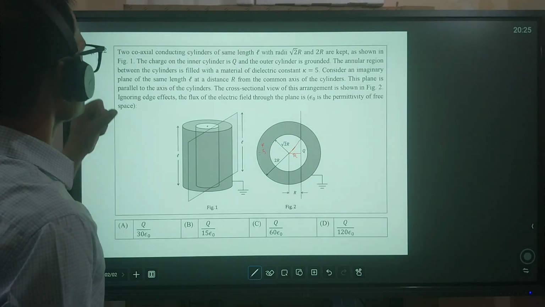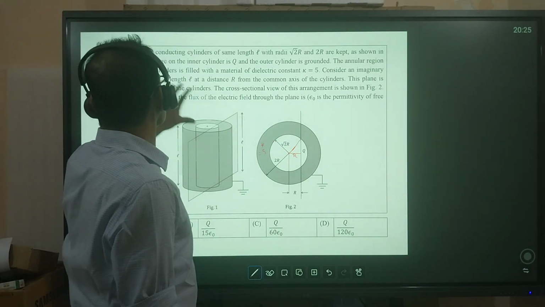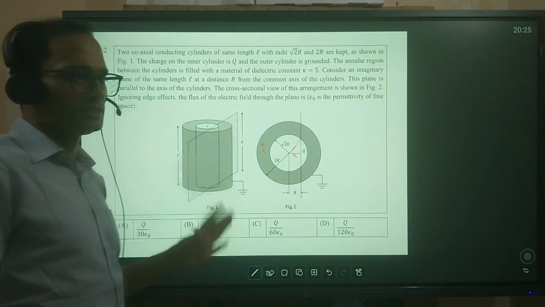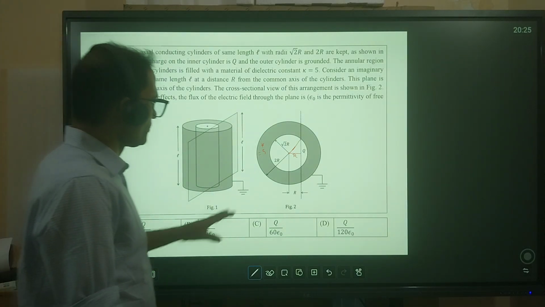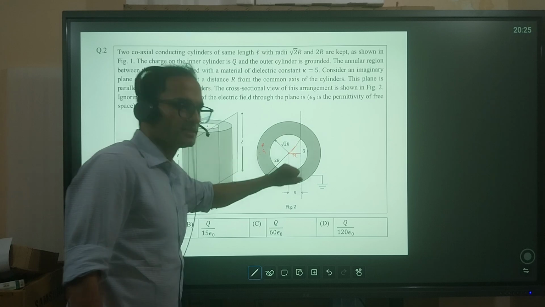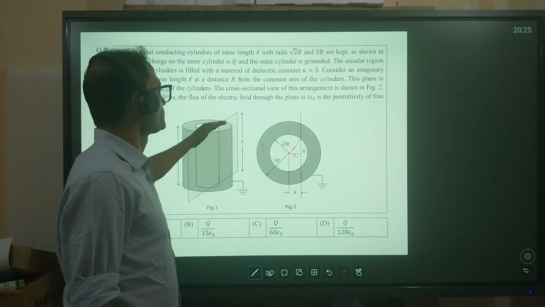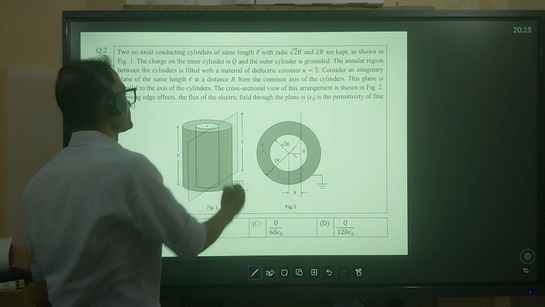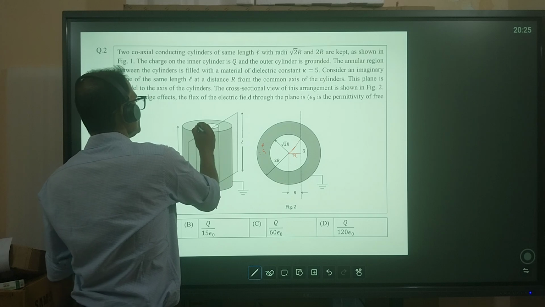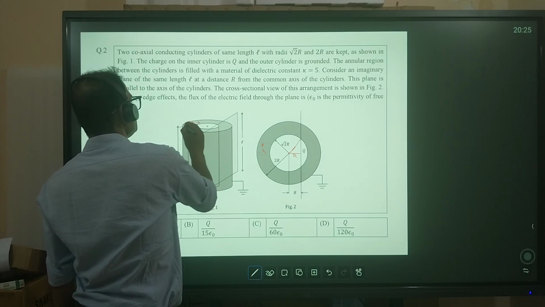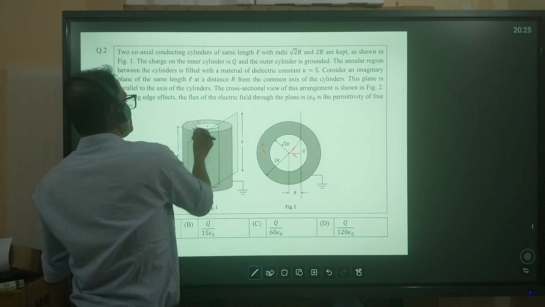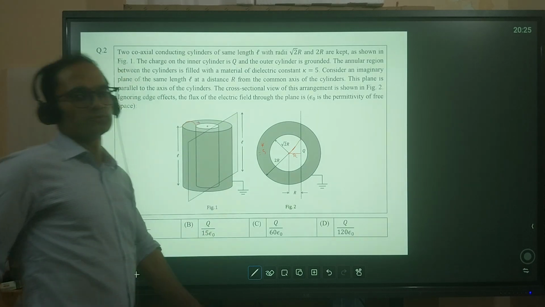Now the cross sectional view is shown here, ignoring the edge effect. Ignoring the edge effect means the electric field exists only between the cylinders, not outside. No fringing of the electric field is there. It has some positive charge, it has some negative charge, so this fringing we have to neglect.